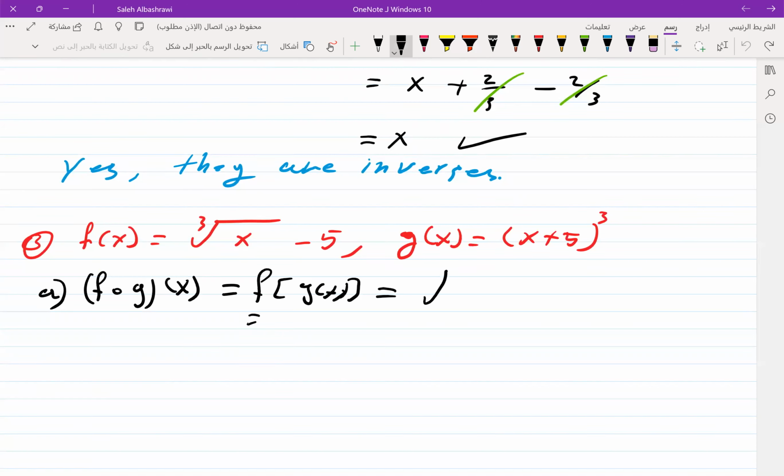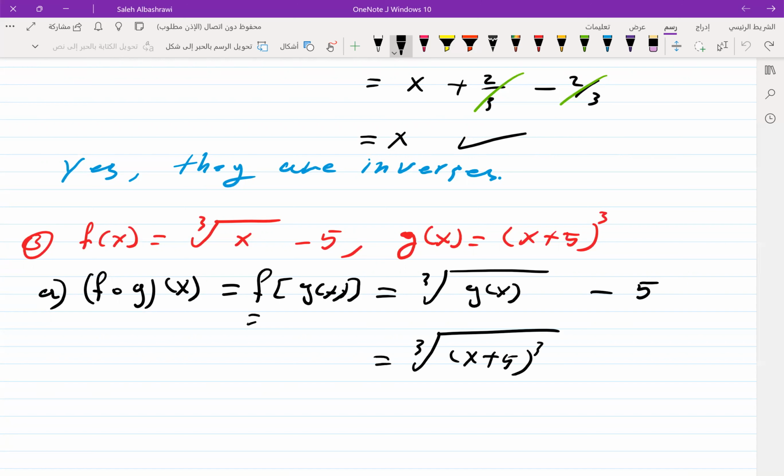This will give me the third root of g of x minus 5, which is equal to the third root of (x plus 5) to the power 3, minus 5.